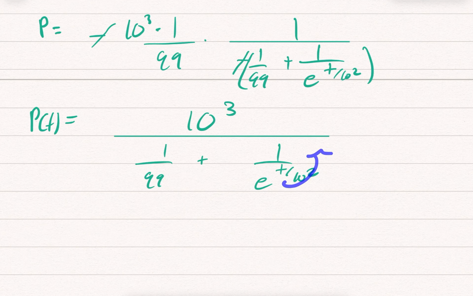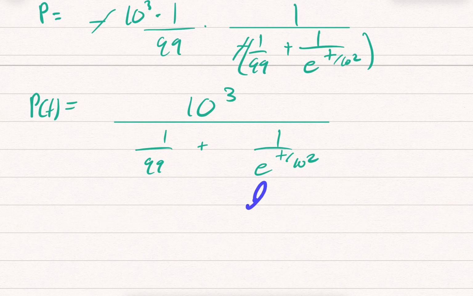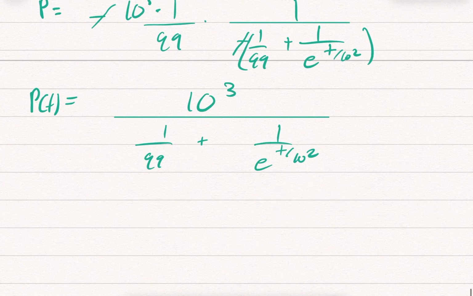The e comes up, so I'm 1 over 99 plus a really big number, which makes this whole thing with a larger denominator much smaller. So this is as the limit as t approaches negative infinity. As this approaches positive infinity, I get 1 over 99 plus 1 over a huge number, which is like 1 over infinity, which is 0, which is 1 over 99.